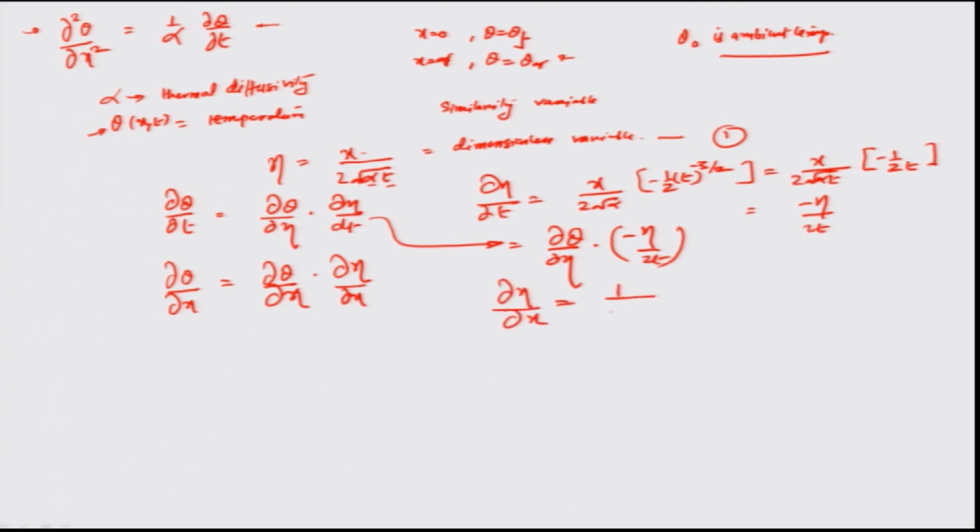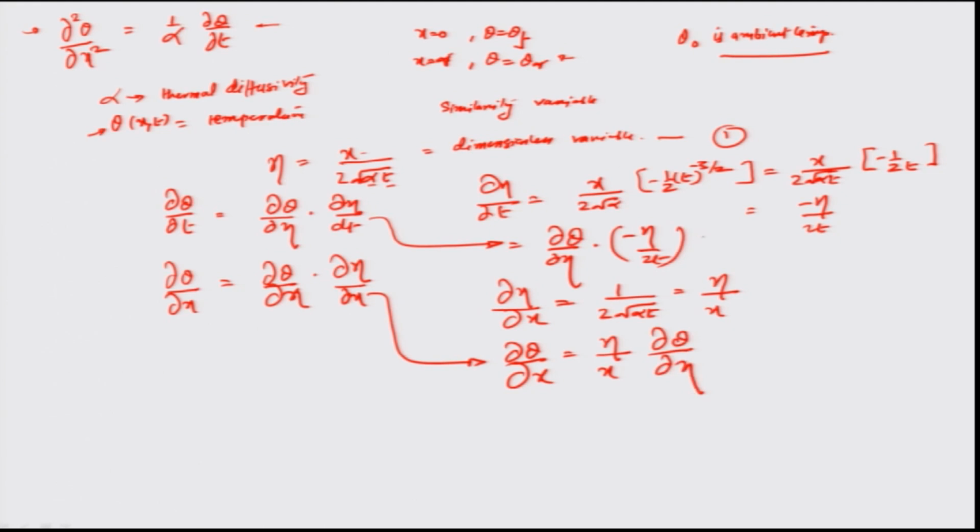So, del eta by del x is 1 by twice root alpha t, and this can again be represented as eta by x, and so similarly in this case del theta by del x becomes equal to eta by x del theta by del eta, okay.